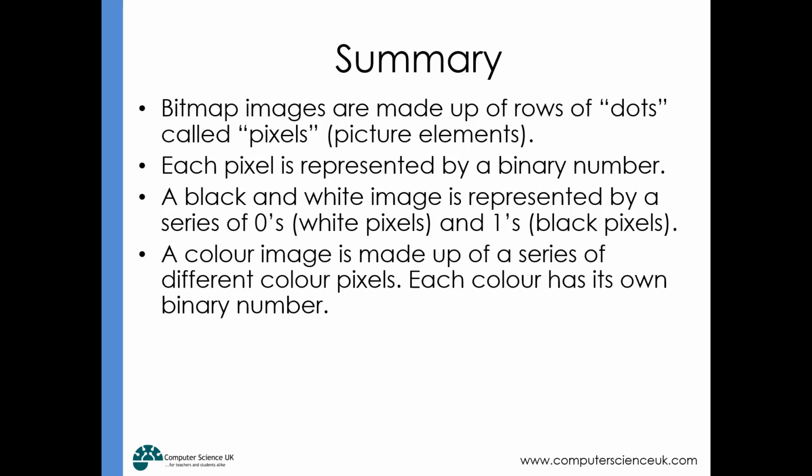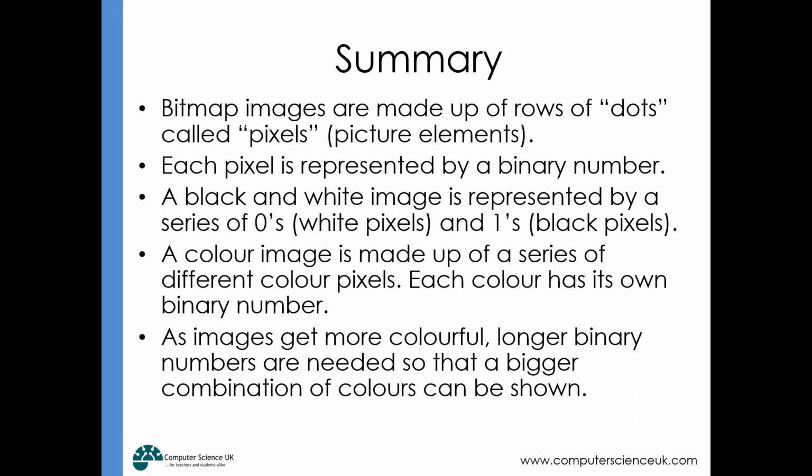A color image is made up of a series of different colored pixels, and each color has its own binary number, which will be longer than a single bit. It might be a 4-bit number, it might be 8-bit, and as we saw on true color displays, it might be 24 bits for each particular pixel. As images get more colorful, longer binary numbers are needed so that a bigger combination of colors can be shown.